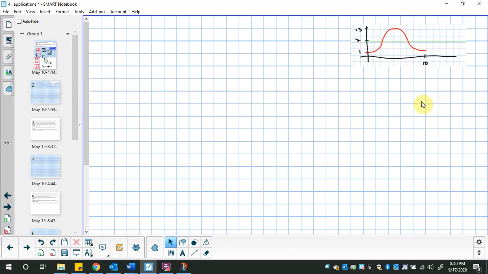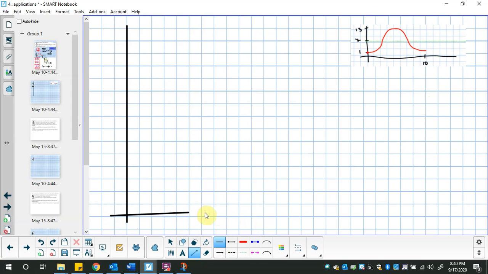I'm going to take that doodle, erase it eventually, but right now I'm going to use it to make myself a real live picture. Now you can use whatever scale you want to. I know I could go by 2s. I'm going to make sure I have 13 boxes because I'm pretty sure I can fit it. So 1, 2, 3, 4, 5, 6, 7, 8, 9, 10, 11, 12, 13.